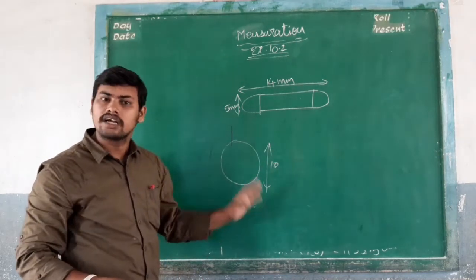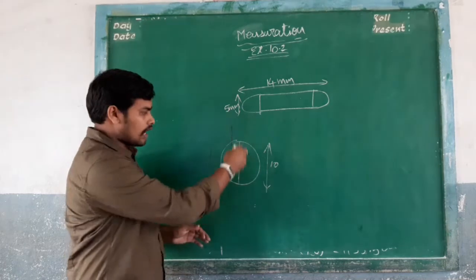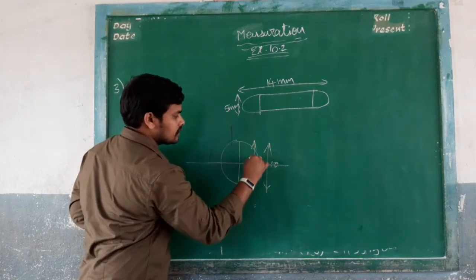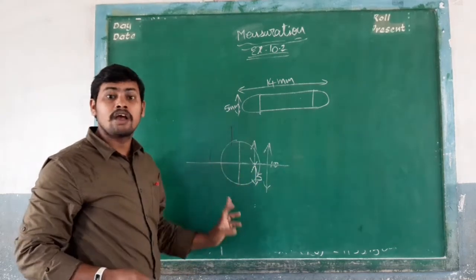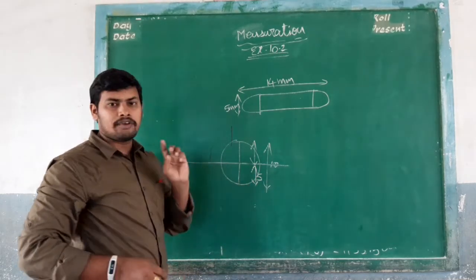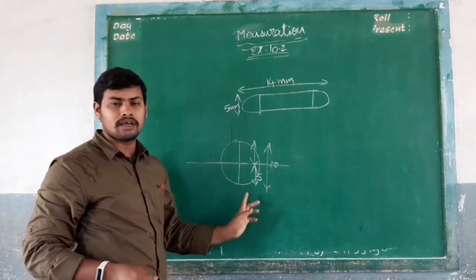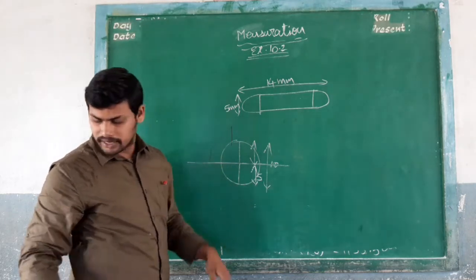If you cut it, now the height of the hemisphere is 5. So in every sphere the height is its diameter, and in every hemisphere the height is its radius. That is the main reason.